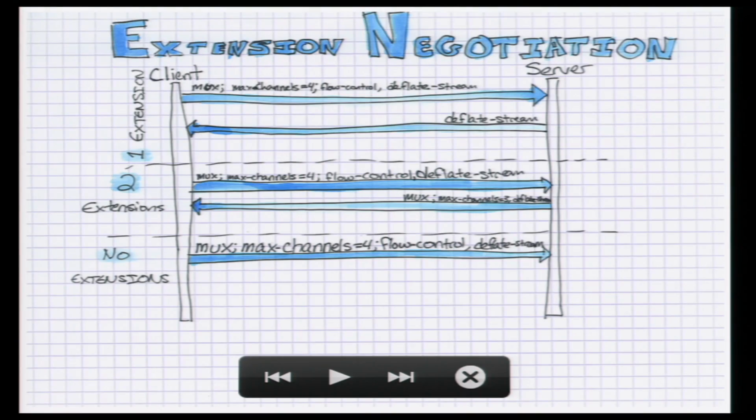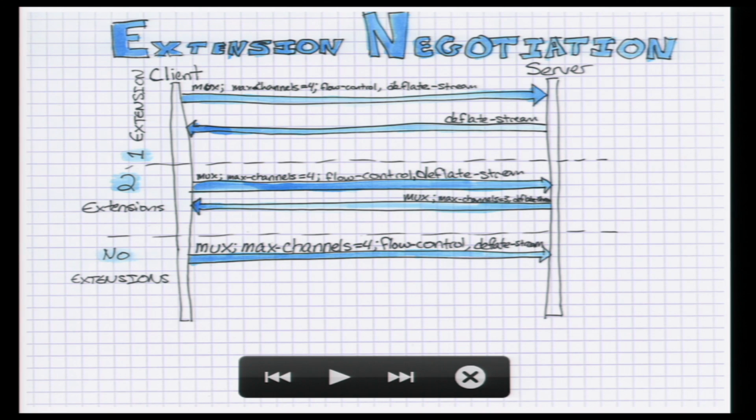The server, if it understood what mux was, would know whether it had the option to just turn off flow control by not including it in its response. It could also pick both extensions, and depending on the extension itself, it controls whether it's allowed to offer, say, fewer max channels. It can also just not take any of them.